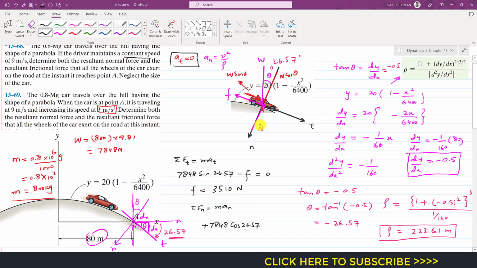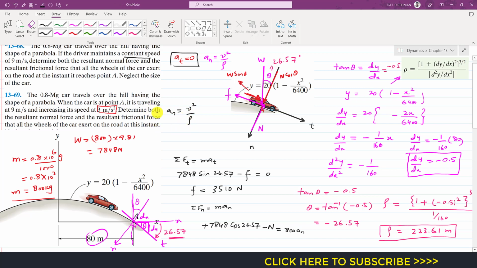The normal reaction is acting in the negative n axis, so I will write minus N, and this will be equal to mass, so the mass is 800, times the normal acceleration, and the normal acceleration is v square divided by rho.